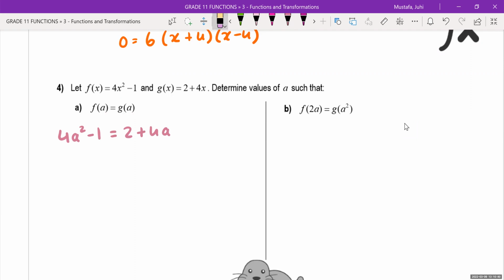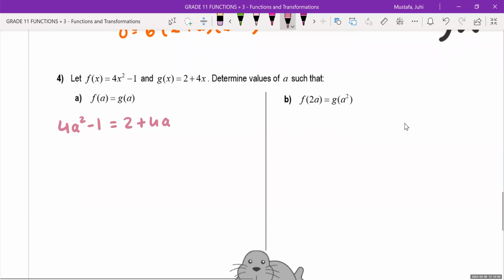Okay, so really all I did was write the f of x function on the left and change the variable to a, and the g of x function on the right and change the variable to a. Now you're going to move everything to one side, factor, and solve, because they're actually asking us for values of a. Okay, so it's going to be 4a squared minus 4a minus 3 is equal to 0.